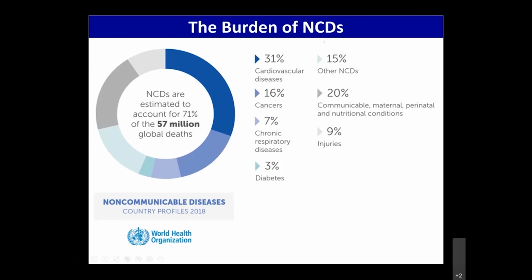In fact, NCDs, in short, are estimated to account for more than 70% of global deaths. This is the data from the year 2018 from the World Health Organization. Out of this, of course, cardiovascular, cancer, diabetes, as I said, and complications of diabetes, which could also be cardiovascular disease, right? And communicable diseases are a much smaller fraction. That is something very, very interesting to note.